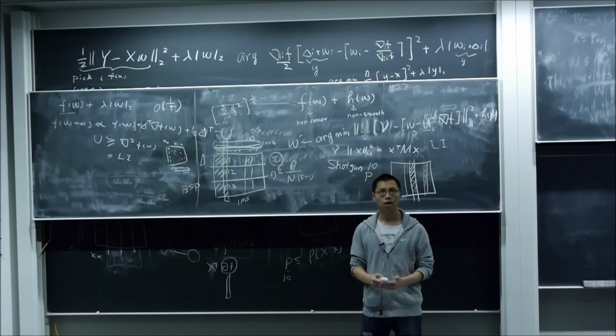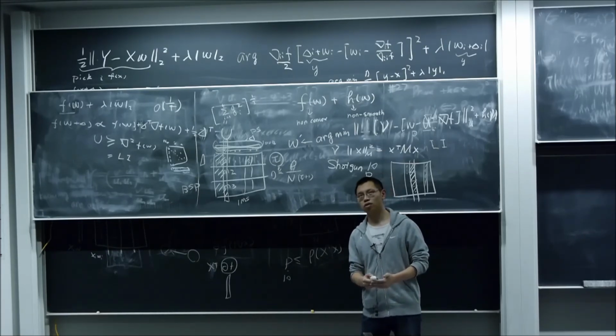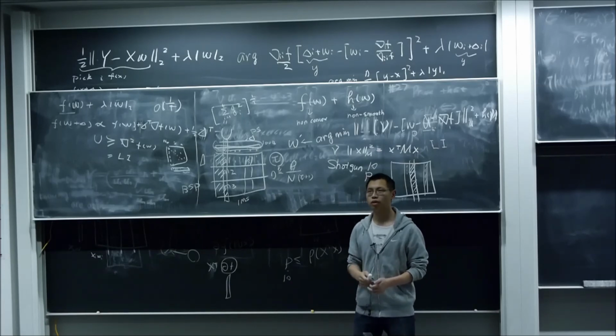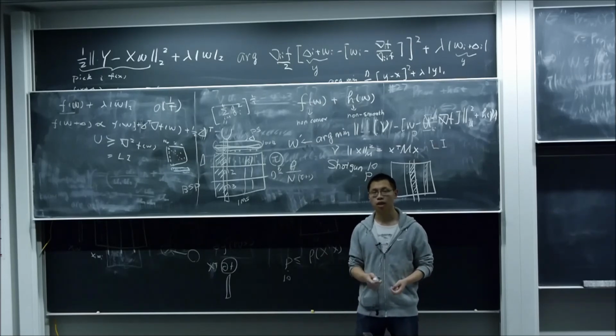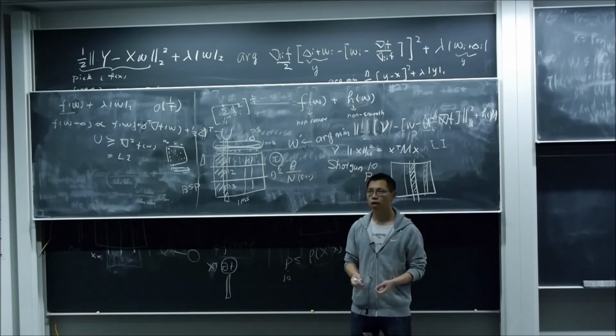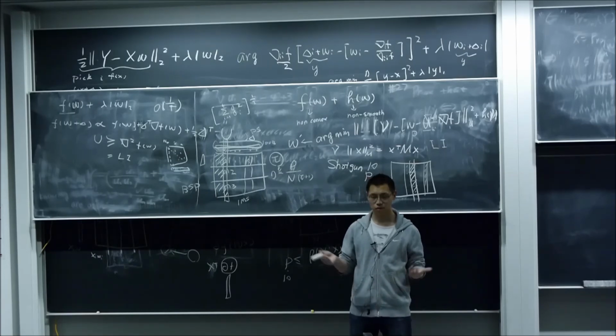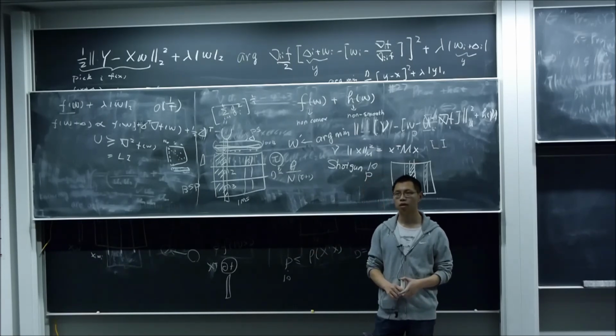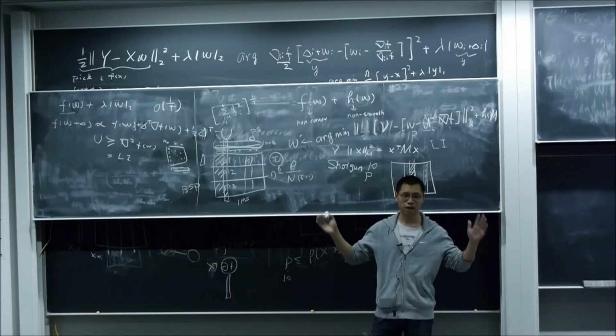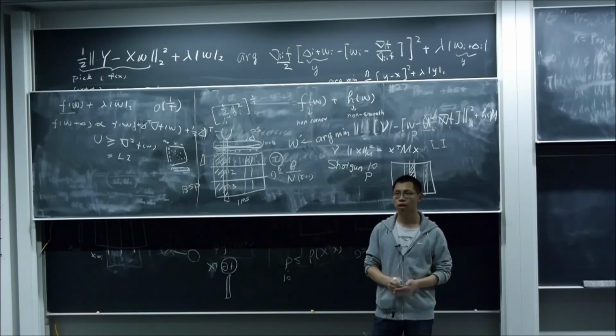And then LIBLINEAR used coordinate descent to win the 2008 linear classification competition. So it became famous, and they wrote a review article about text classification, and they showed that coordinate descent works really well.